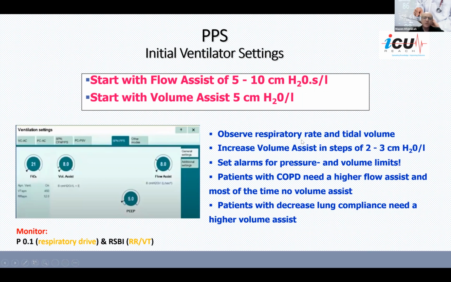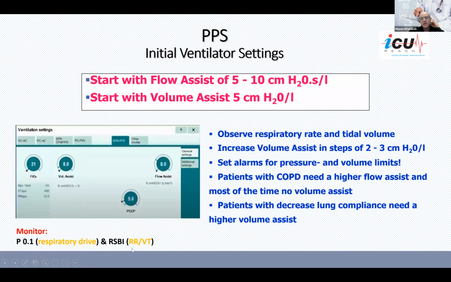And then you observe the respiratory rate and the tidal volume. If you take a look at the respiratory rate and tidal volume, that is your rapid shallow breathing index: divide the respiratory rate by the tidal volume. That is your RSBI, the rapid shallow breathing index.